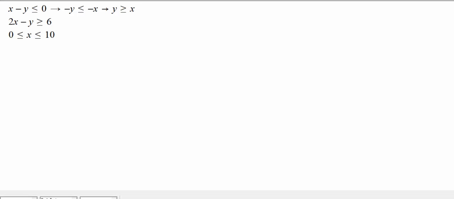So what will happen is we get points on or above the graph of this line y equals x as the solution region for this.